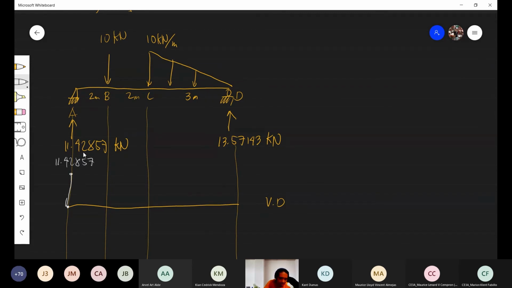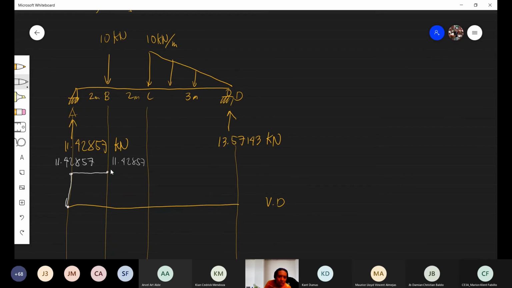Next, since there is no area in between A and B, that value is constant, carried out all throughout the section between A and B.